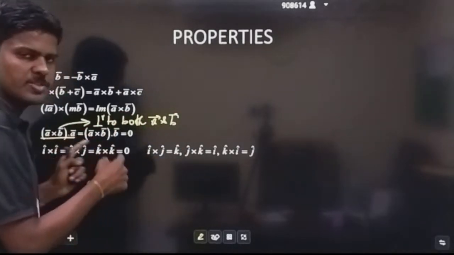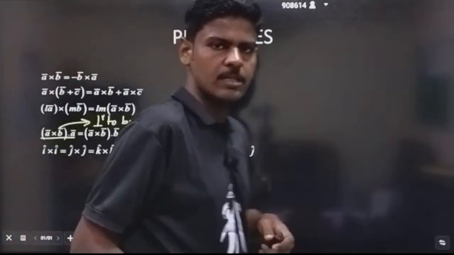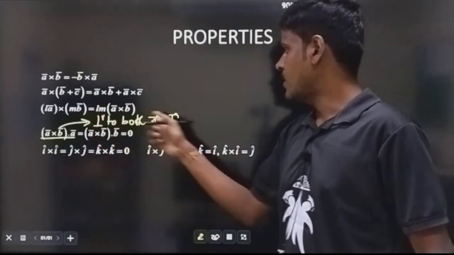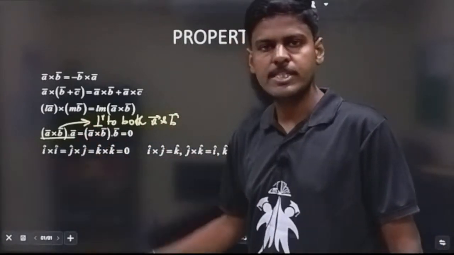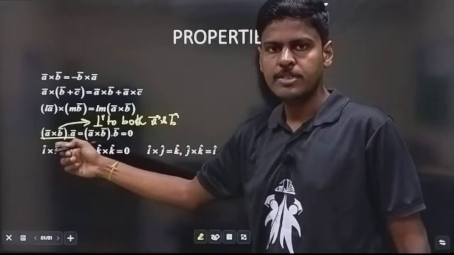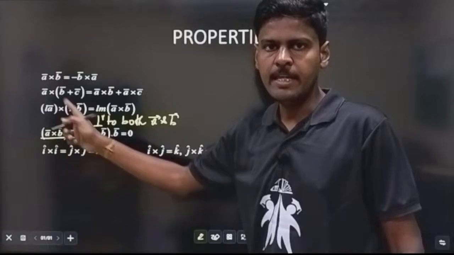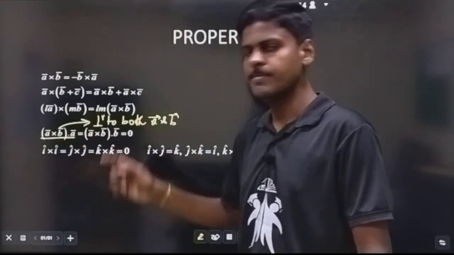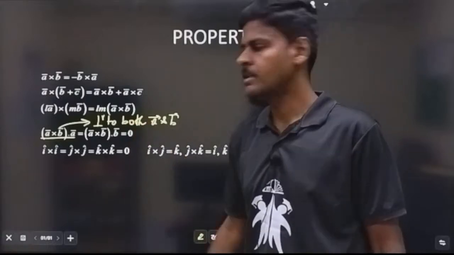Then when a vector which is perpendicular to A, when it is dot product with A vector, obviously that will be modulus of A cross B, modulus of A, and cos of angle is 90, so cos 90 becomes 0. So what is the answer? It will be 0. Similarly with B vector.